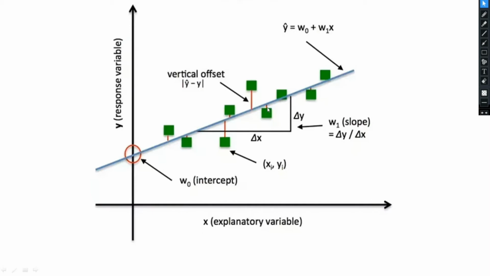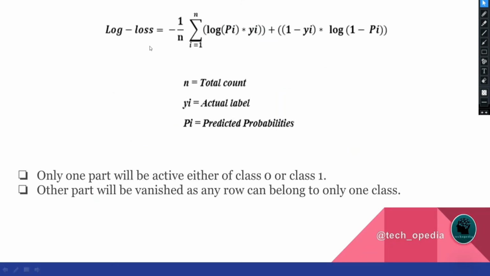You can see the red line between the best fit line and the actual point. This is the log loss error. This is the error, this error, this error. So the summation of all these errors gives us the total log loss value. We have the formula for calculating the log loss value. This is the formula for calculating the log loss.